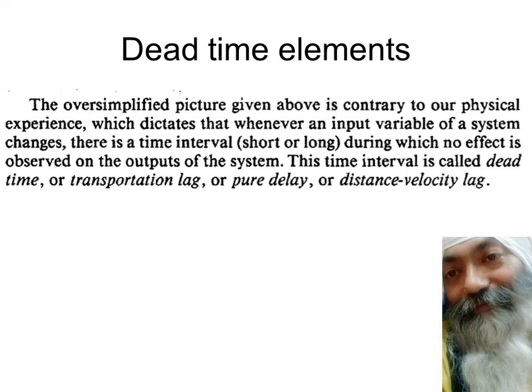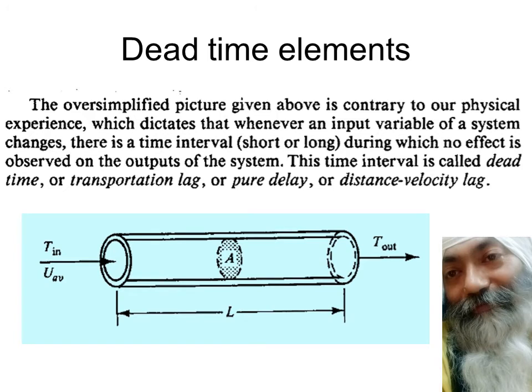So my dear friends, here is the diagram. You have a pipe and something is flowing in, and this is a connecting transport pipe, a normal pipe, and something is going out. Suppose the temperature starts changing at this point.